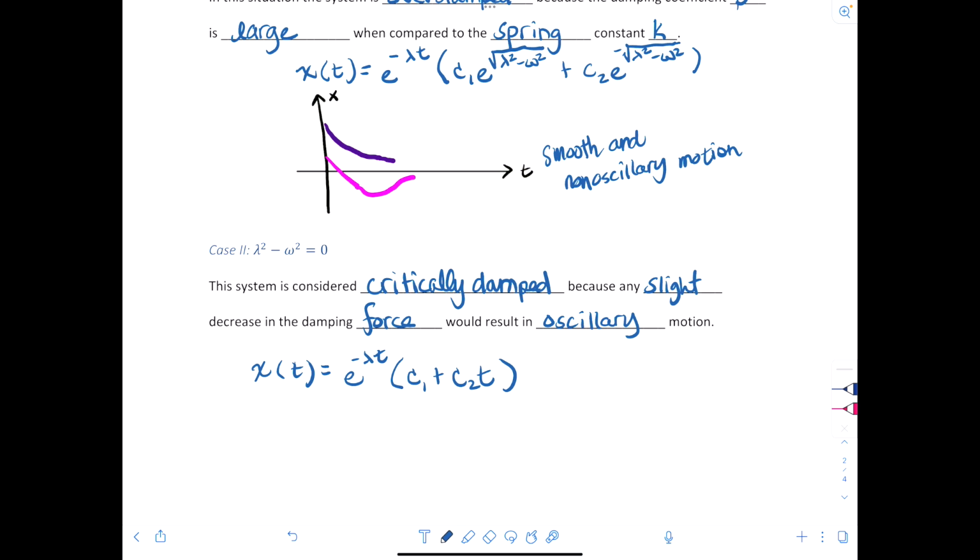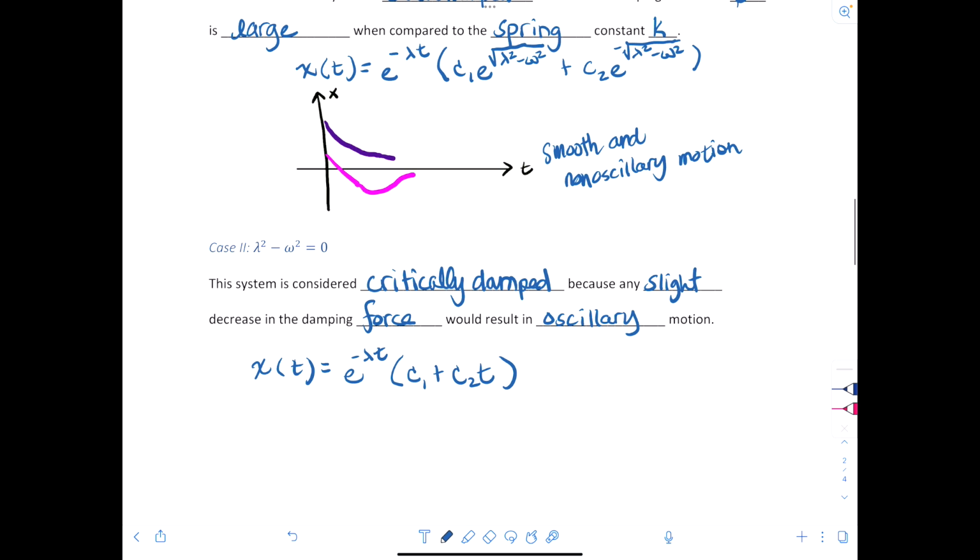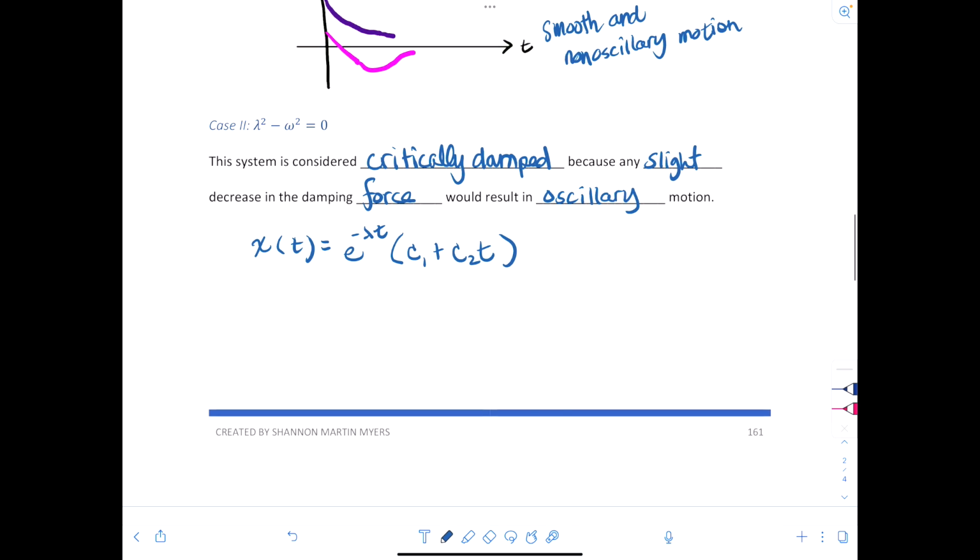All right, so what does this look like? Well, this one will have a curve something like this. Or it could go something like this.